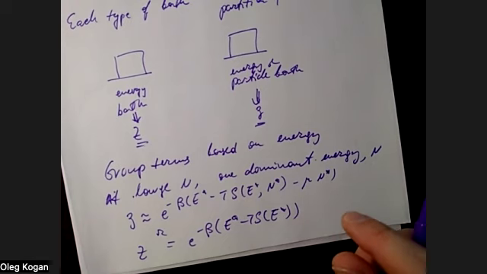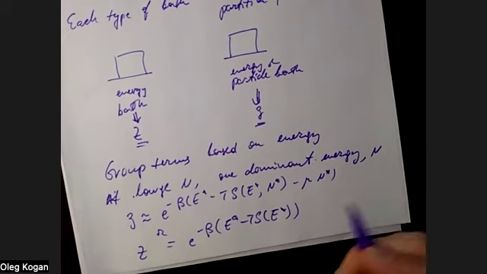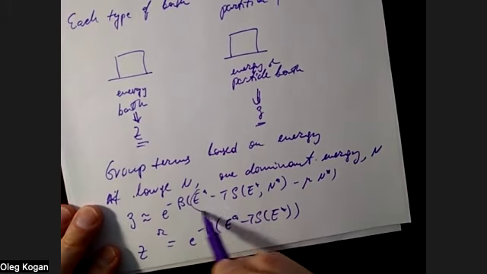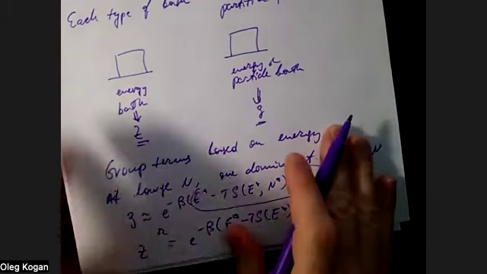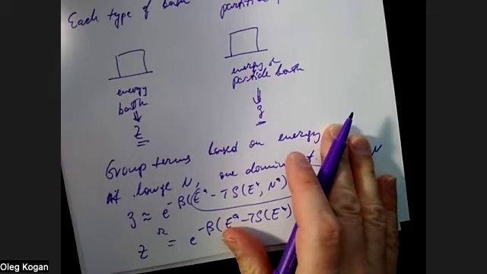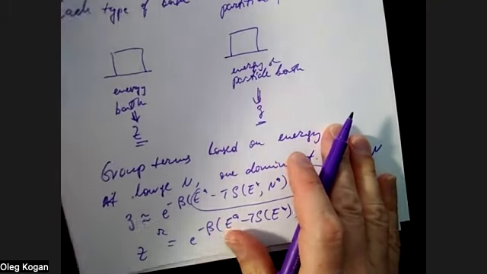So to each type of partition function, there corresponds a thermodynamic potential defined as minus kT log of the partition function.